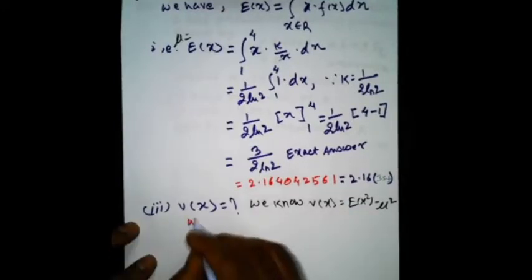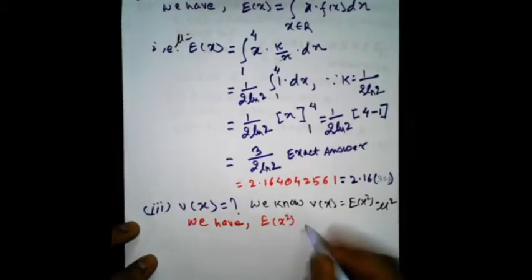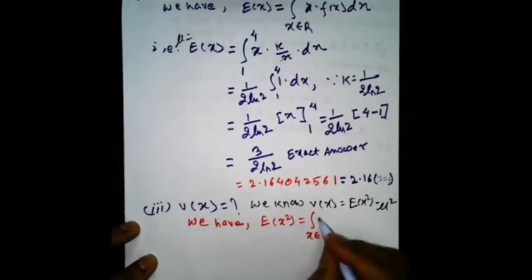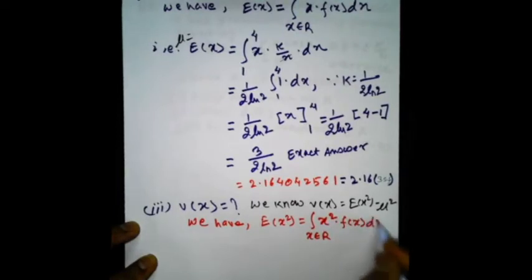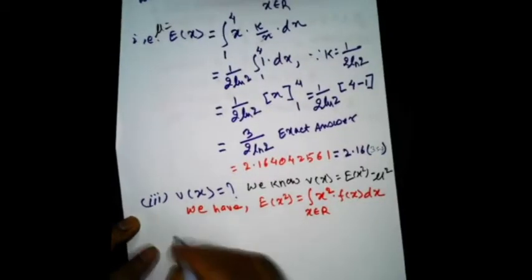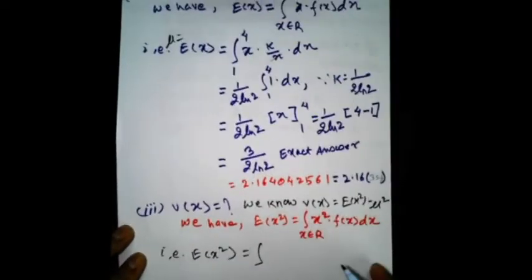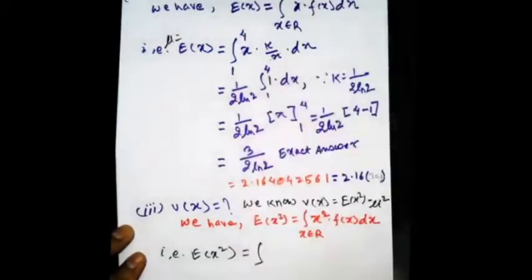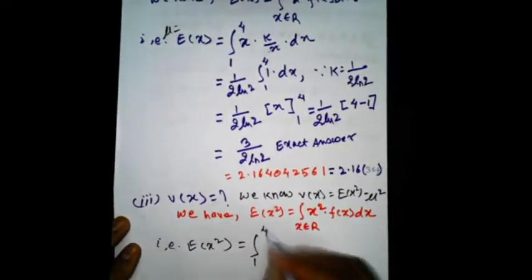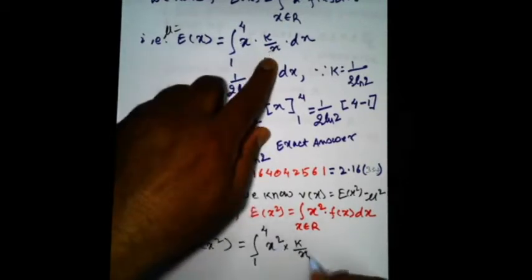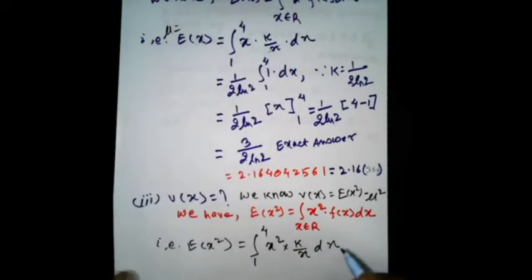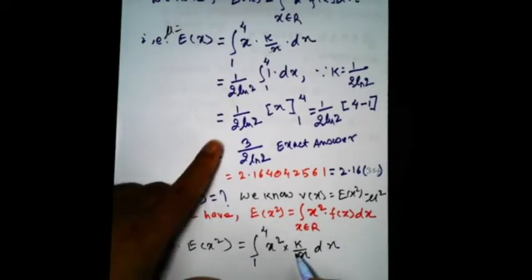So we have the expectation of x squared equals the integration over the given range of values of x, and it is x squared, so we write x squared f(x) dx. The range of values for x is 1 to 4, then we have x squared, our f(x) value is k over x, then dx.